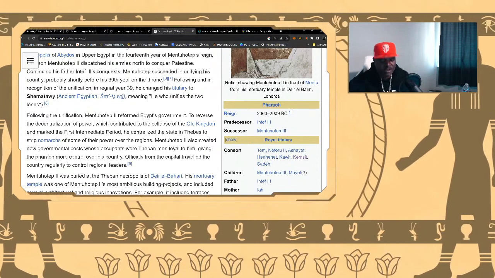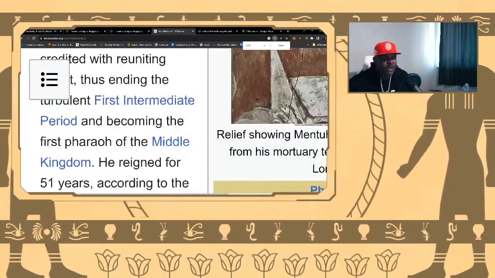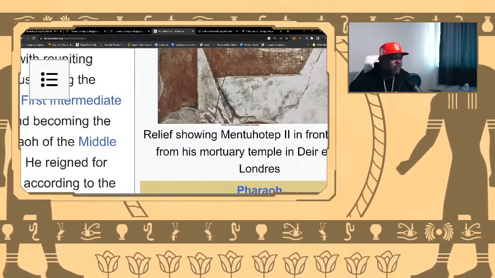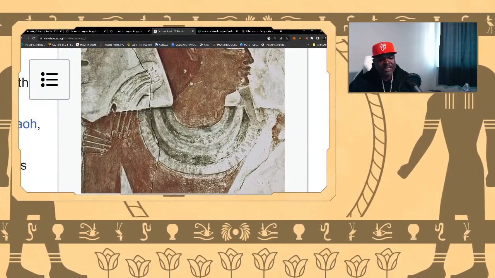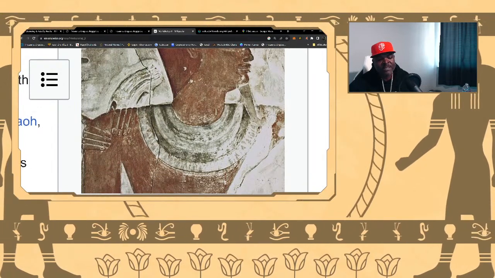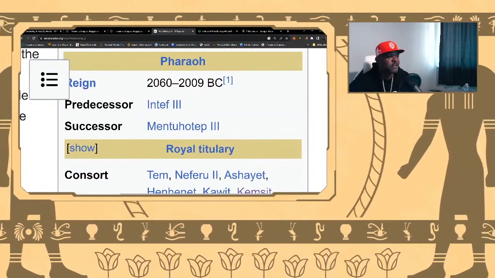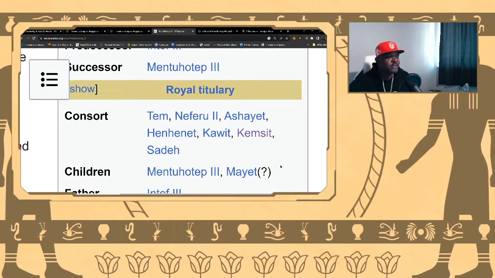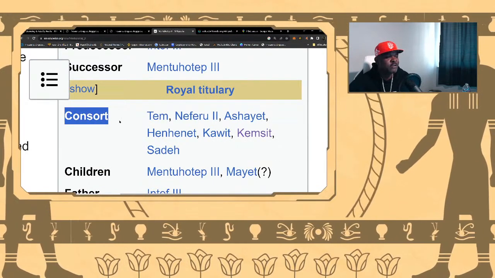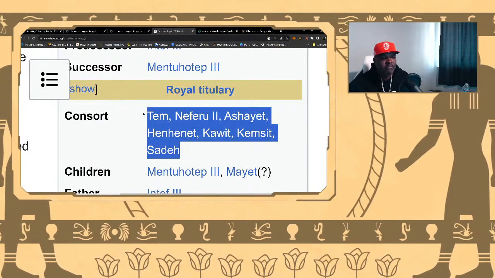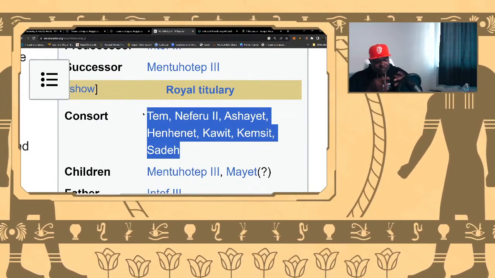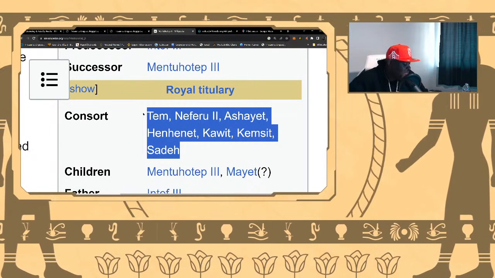Now I'm coming here to show you something. I'm gonna go right here, slide over here, slide down here. Shout out to Kate Liska for revealing the information. And we come over here, and what do we see? His consorts. Now, all of these women is the reason, I don't want to go too far.